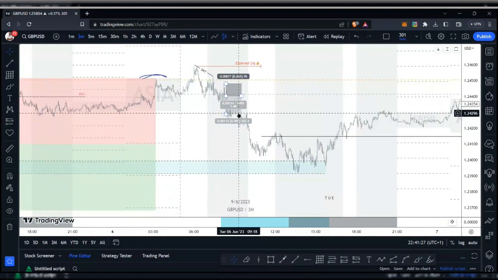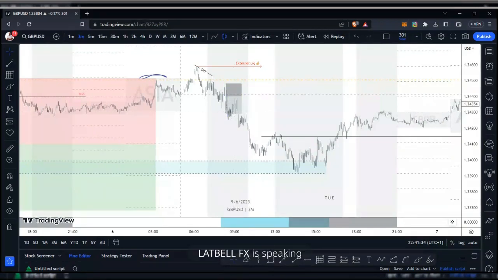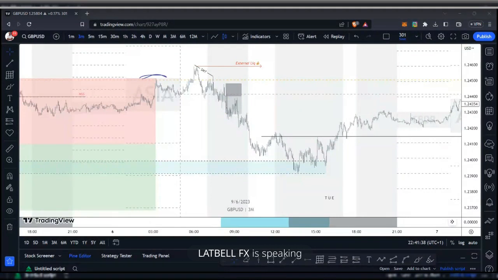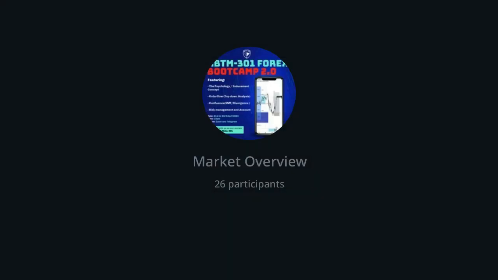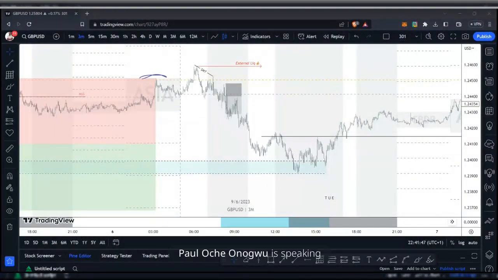No, that's 30%. Okay. Yes, sir. We will target the previous lower low, sir. No, not necessarily. Because price is bullish. Because price is bullish. Thank you.